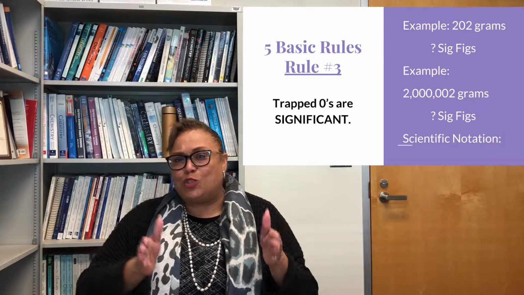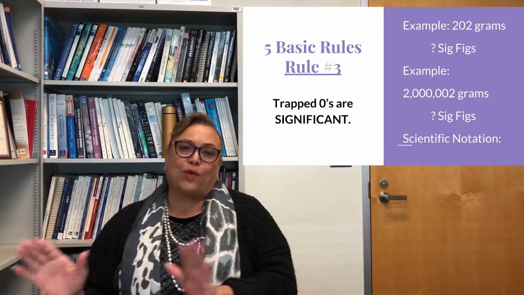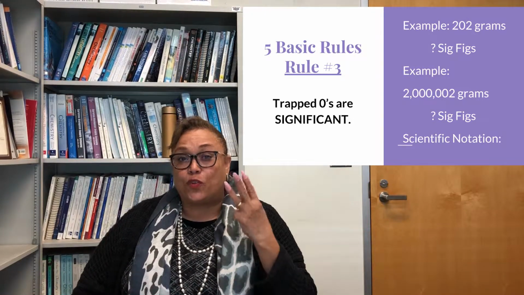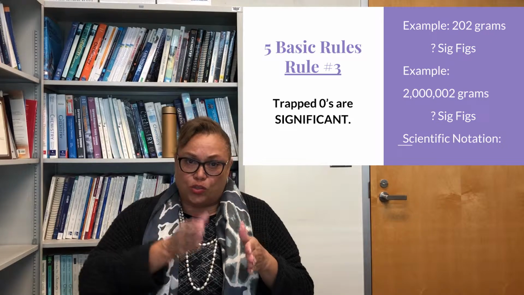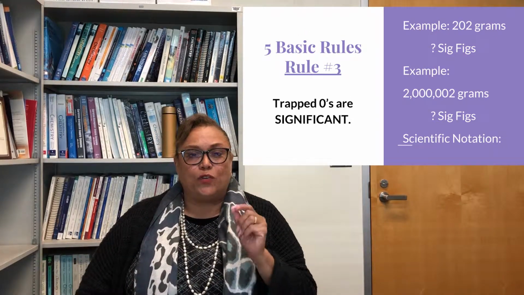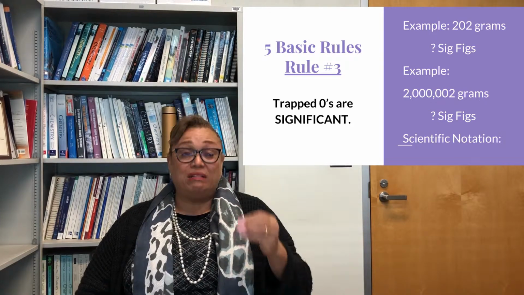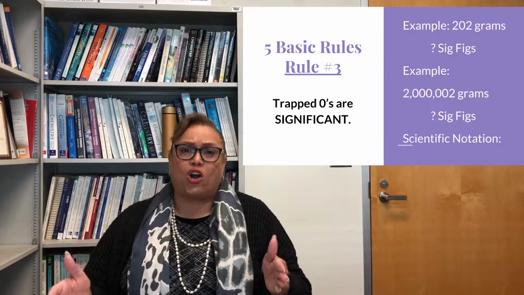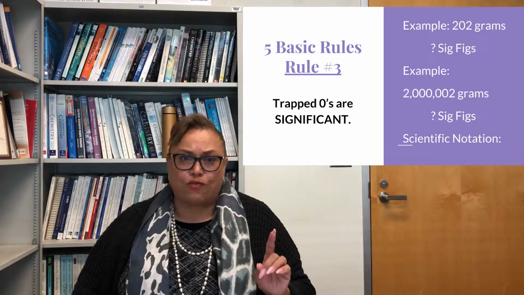So when you think of 202 grams with your measurements, there you only have 3 sig figs, the 2, the 0, and the 2. However, if you're talking about 2,000,002 grams, all of those zeros in between are significant. You cannot drop them.